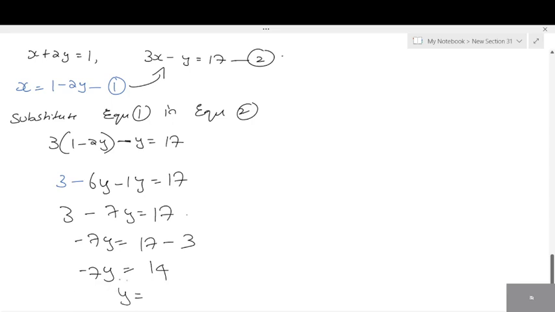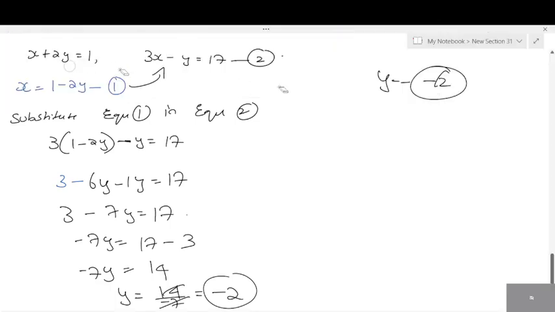Y is equal to, which one do you have to shift? Minus 7. Both you have to shift, minus along with minus. See, y shouldn't be negative, students. It has to be positive. So what's the answer? Now we got the value of y. Y is equal to minus 2. All of you got y is equal to minus 2.